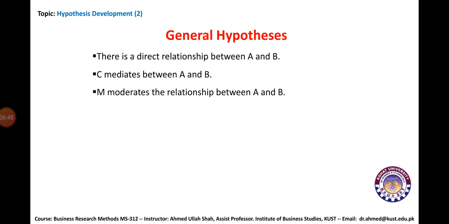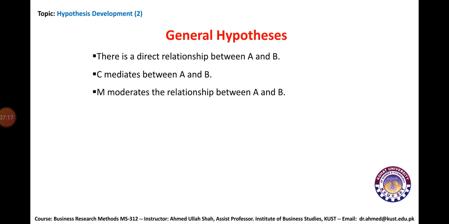If you remember, the mediator is the process variable that mediates the relationship between independent and dependent variable, while the moderating variable is a variable that modifies the actual relationship between independent and dependent variable.